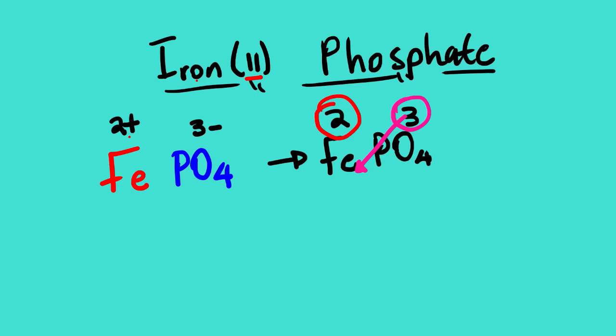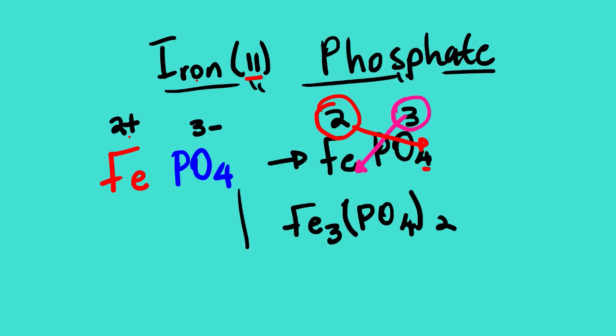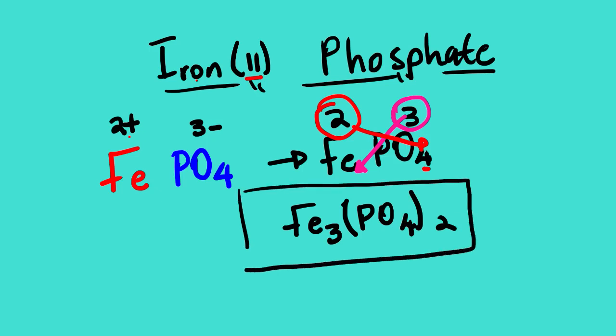Then we have 2 multiplied by this polyatomic ion. Remember that we cannot tamper with this 4. So it will be Fe3, open bracket, PO4, 2. So this is the molecular formula of iron phosphate.